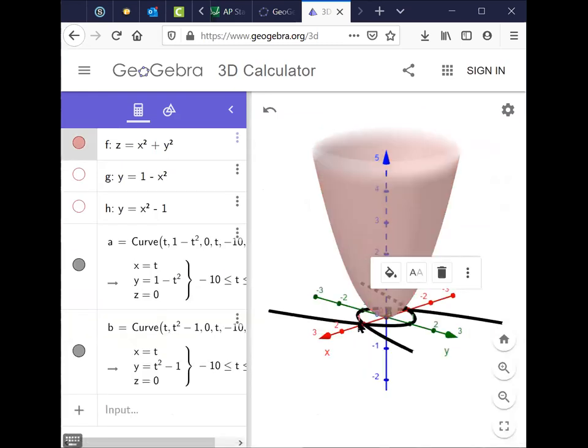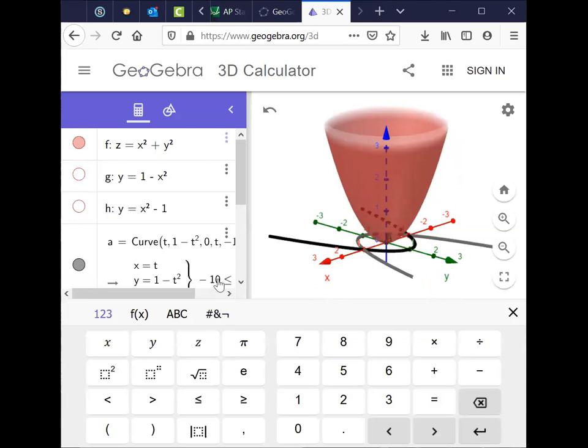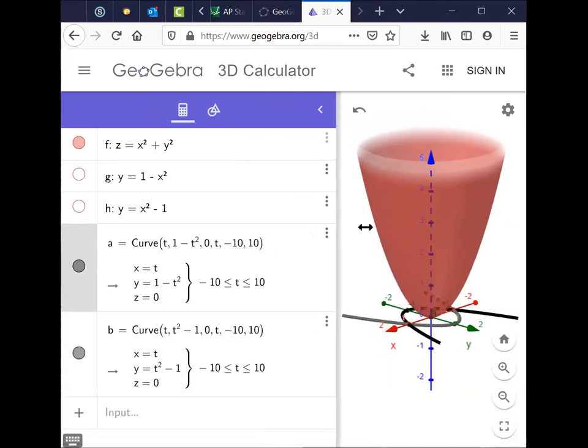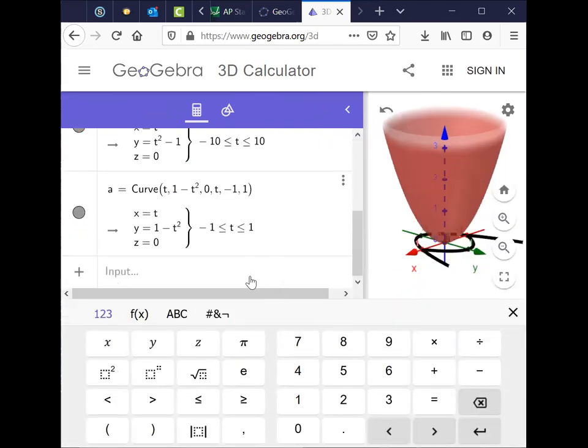Now the intersection goes from -1 to 1. So if I want to change my t bounds, and it gets a little messy when it comes to GeoGebra, but I can go from -1 to 1. That's easy enough. All right, it trims it.